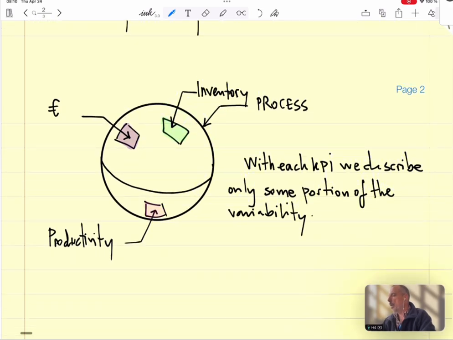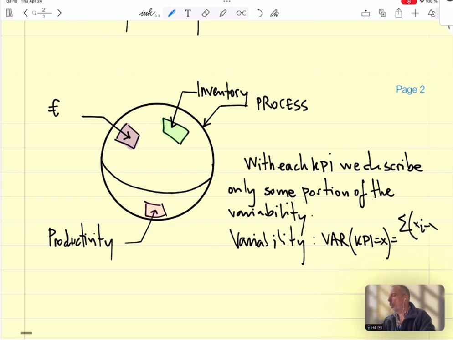Variability is measured as the variance of a certain KPI. The variance, as you know from the statistics lecture, is this. Okay? Being x the mean value. So this is important because you need to understand what we're talking about. Okay?